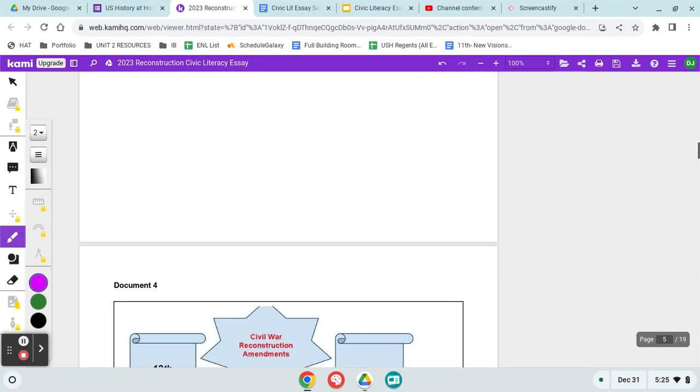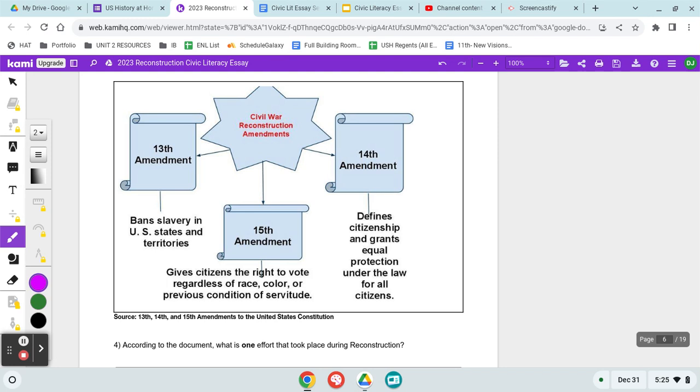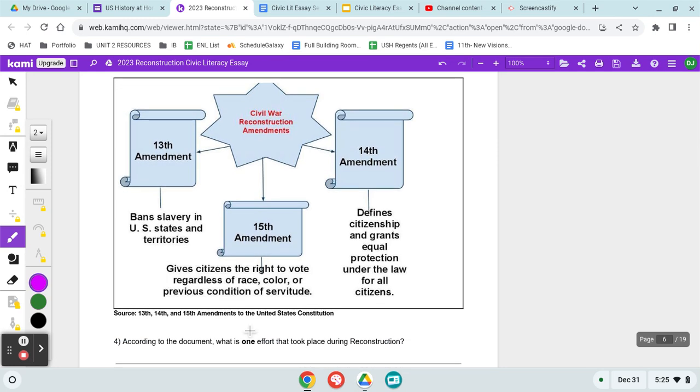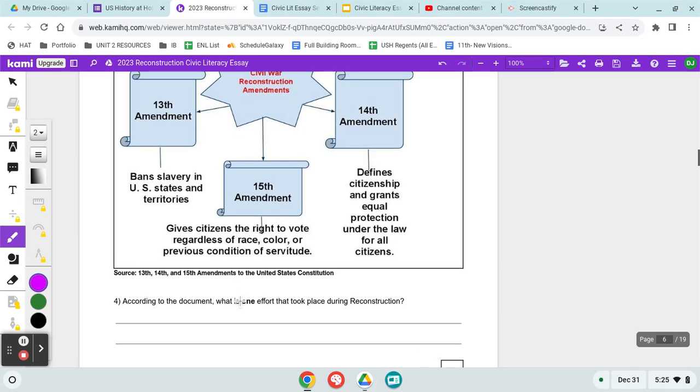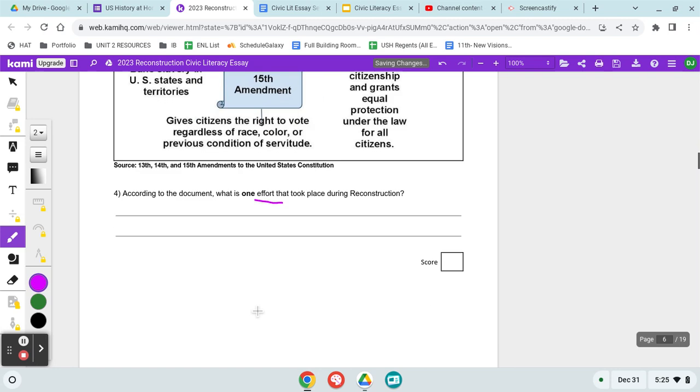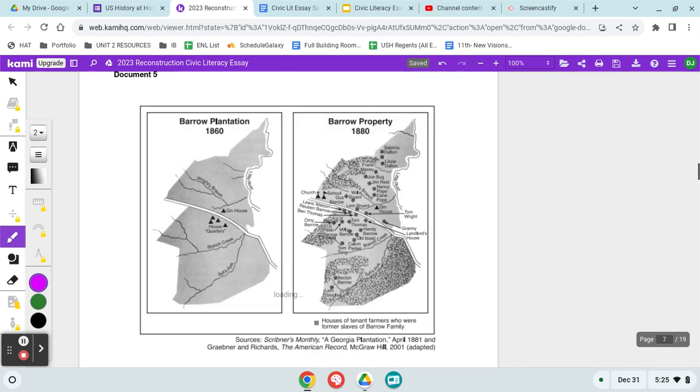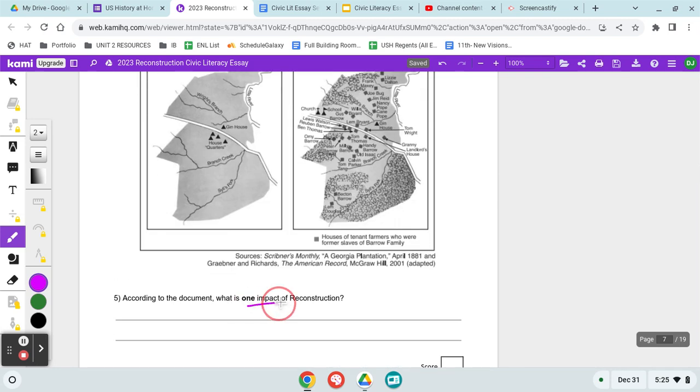Absolutely. And you could even look at this document here, not just looking at efforts, but looking at what were some of the successes, what were some of the amendments that were created during Reconstruction. So I want to just really point out quickly, do not only think that each document can be used for the circumstance or effort or success or failure according to the question below.